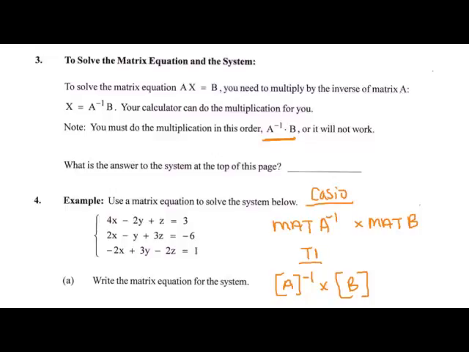So if you plug that into your calculator, you should get an answer of -2, 1. And again, we'll go over any questions that you have with the calculator in class tomorrow, but you should have gotten -2, 1.